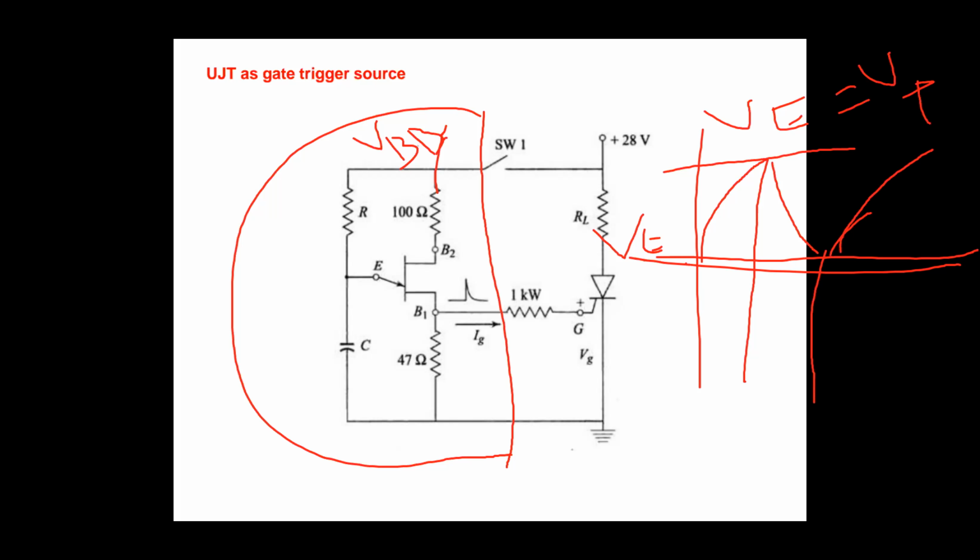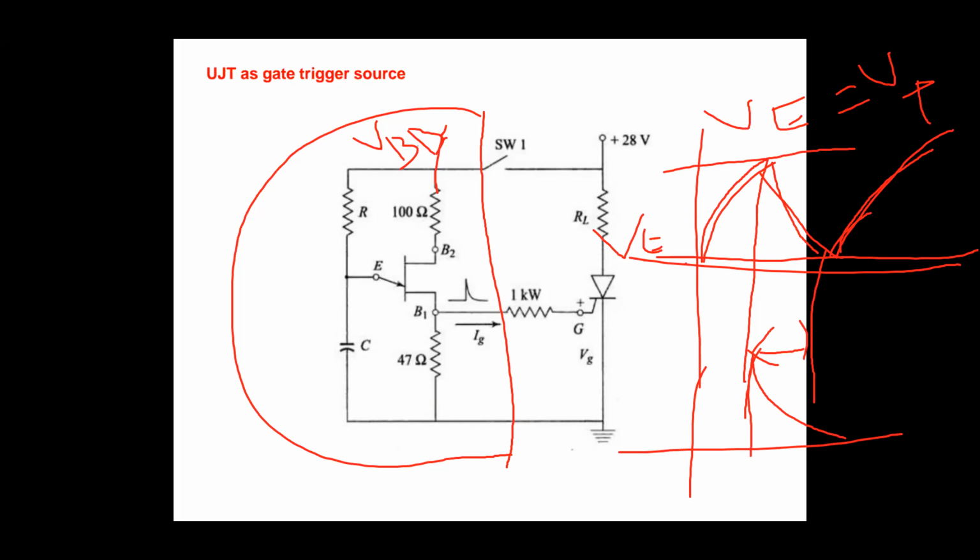In this way I am going to get charging and discharging, charging and discharging. When the capacitor is discharging, the UJT is turned on, and in this time period the pulses are going to be generated.